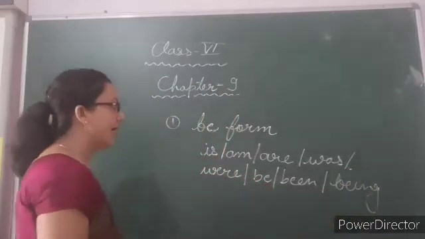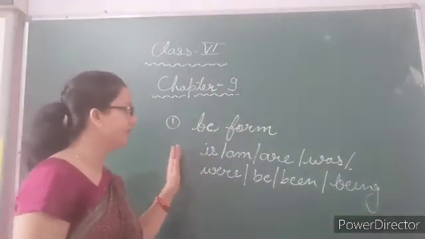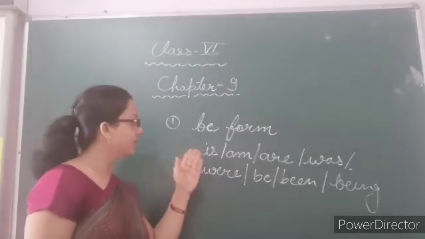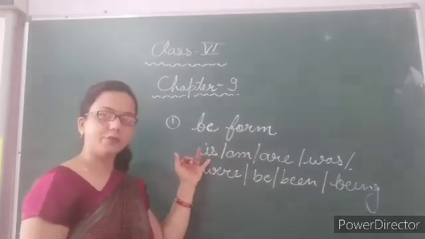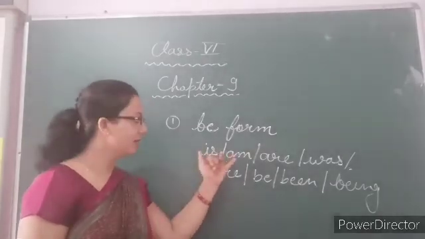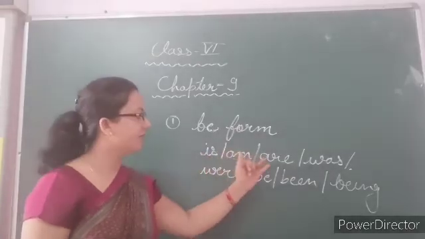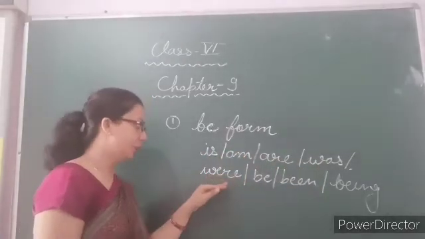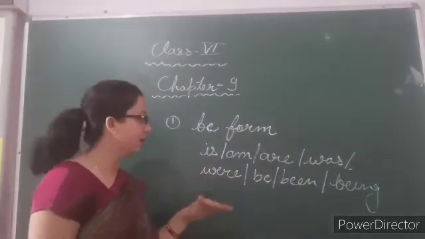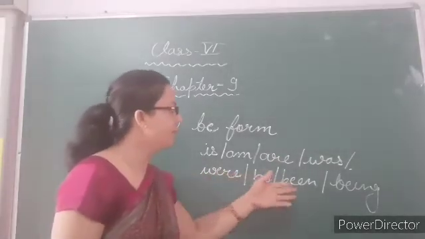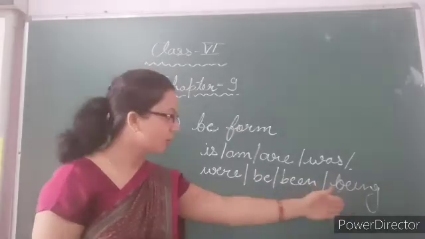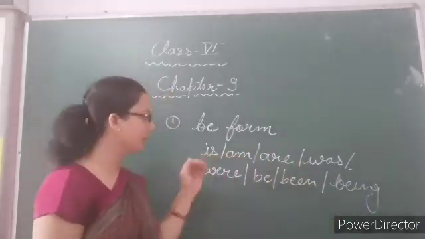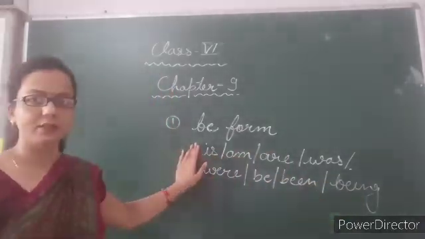This is known as your be form. Means you can use is for singular present, am with I, are for plural present, was for singular past, were for plural past, and be according to the continuous or perfect, according to the situation.